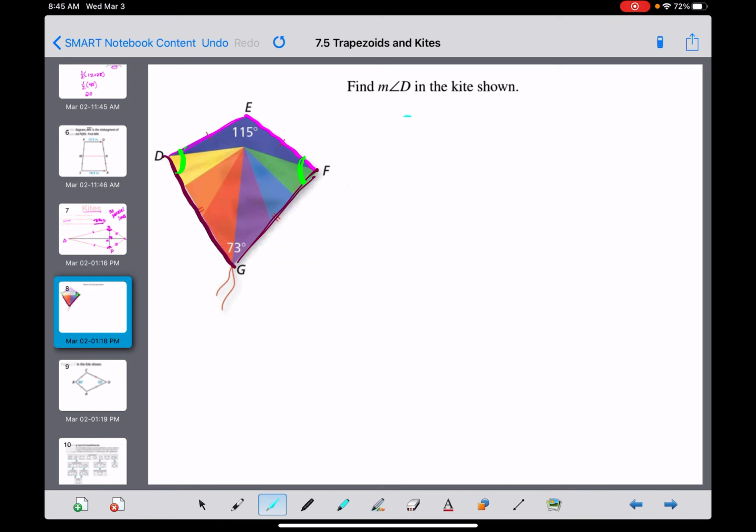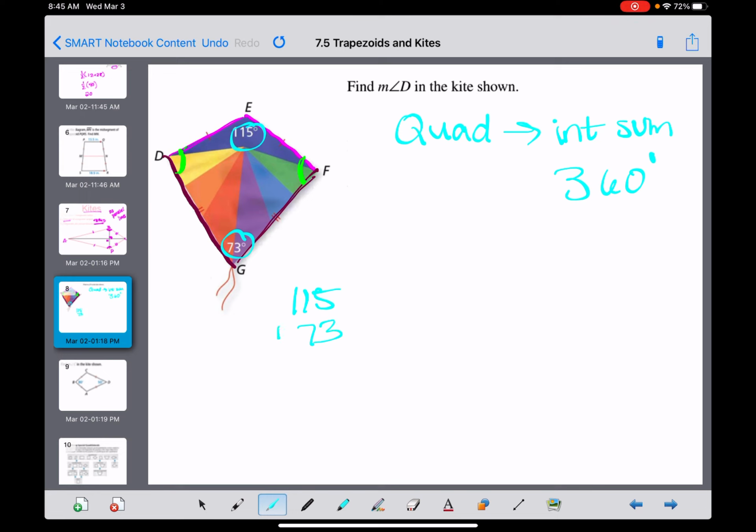So I know a quadrilateral's interior sum is 360 degrees. So I am going to subtract 115 and 73 from 360. So 115 and 73 is a total of 188.